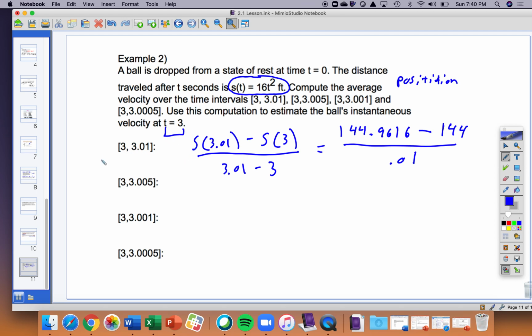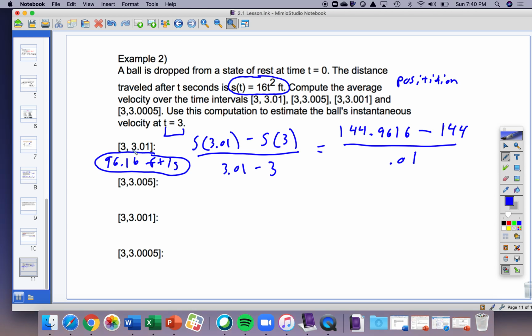I end up with 96.16 feet per second. Again, this is the average velocity in the time interval of 3 to 3.01 seconds. So in that split second, in between the 3 seconds and the 3.01 seconds, the ball was falling at a rate of 96.16 feet per second.